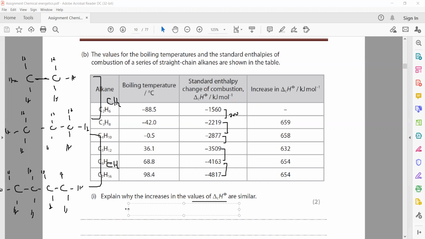Because each member differs by CH2. A similar bond difference leads to the same difference in enthalpy change of combustion.